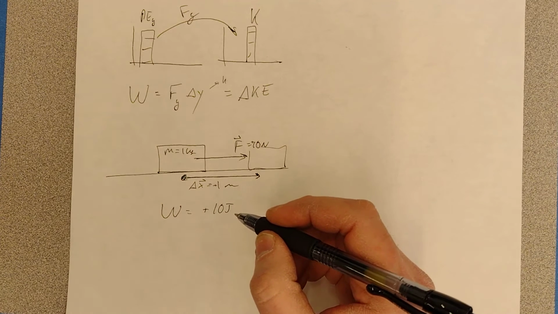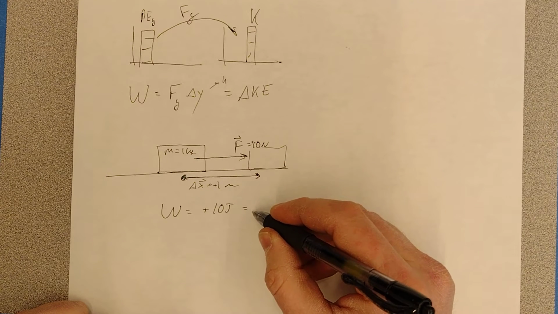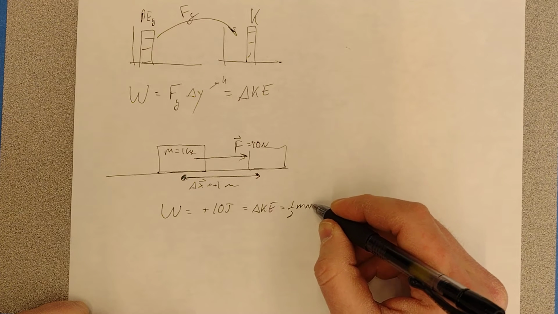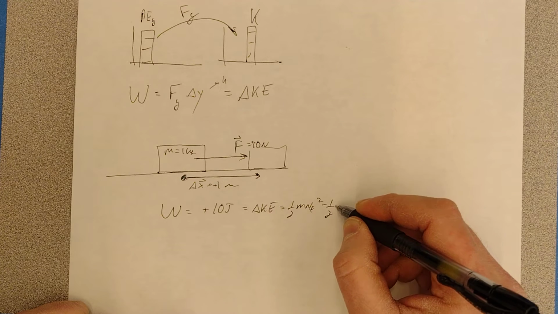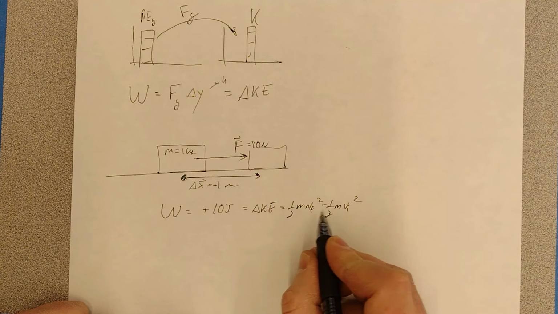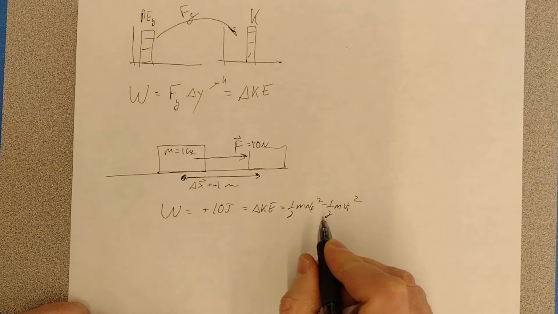Well, that's fine and all. And then we could say, okay, that equals the change in kinetic energy, delta KE, which is 1/2 m v final squared minus 1/2 m v initial squared. And it is important to realize that it's not 1/2 m delta v squared. We'll talk about that in class at some point.